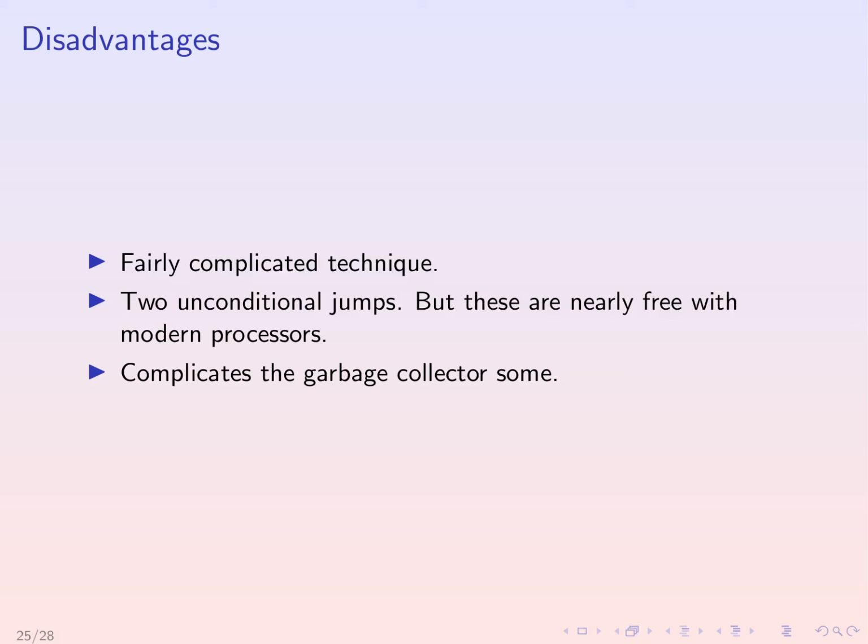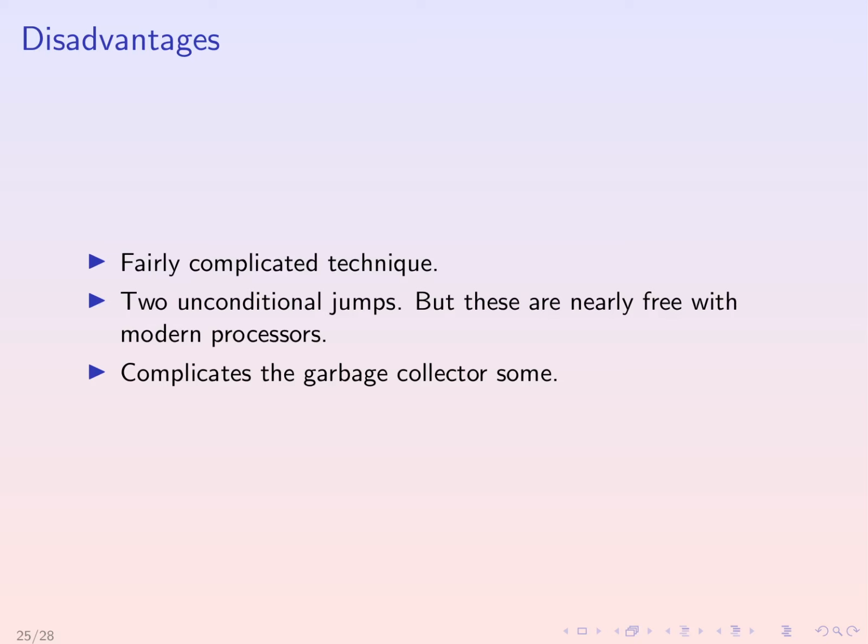There are a few disadvantages of our technique. First of all, it's fairly complicated. We need to define a call site manager that needs to analyze all this information supplied by the caller. There are two unconditional jumps, and that might seem costly, but in fact, unconditional jumps are nearly free with modern processors.